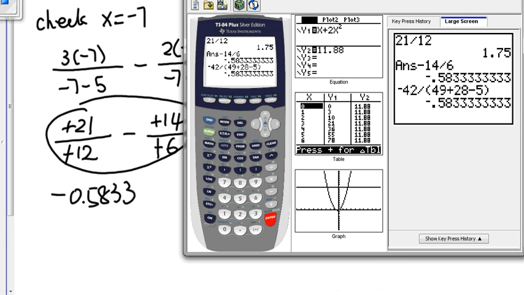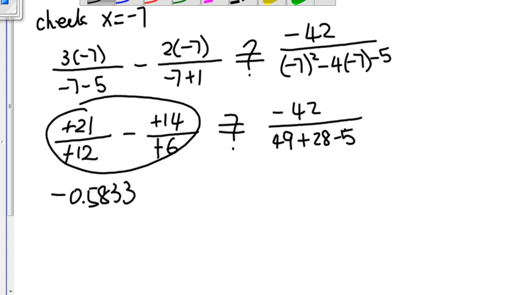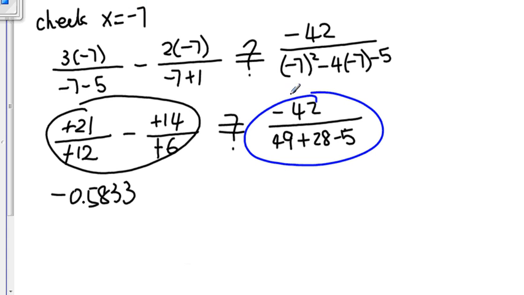So we get negative 0.5833, which is the same thing as the left hand side. So let's write it down. The last one is also equal to negative 0.5833. So left hand side equal to the right hand side, that means x equal to negative 7 is one of our solutions. Last one checked.